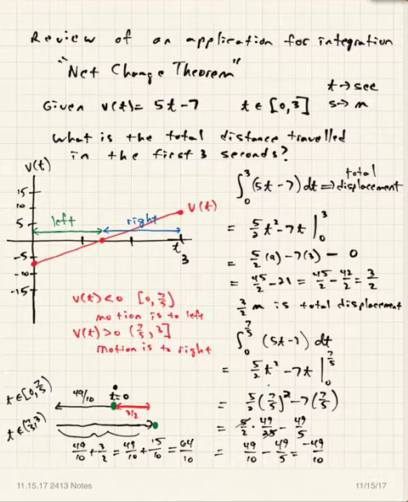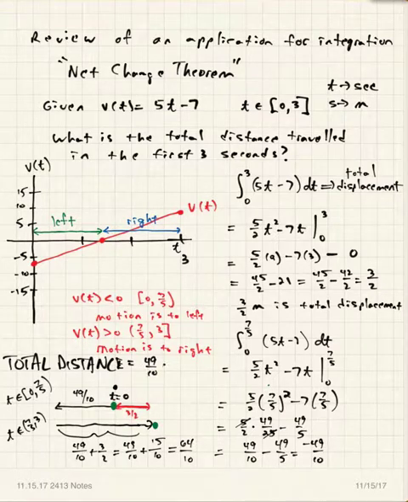So then what would be the total distance? The total distance would be my 49 tenths of a meter that the object moved to the left, plus the 64 tenths that the object has moved to the right, or a total distance of 113 tenths of a meter.